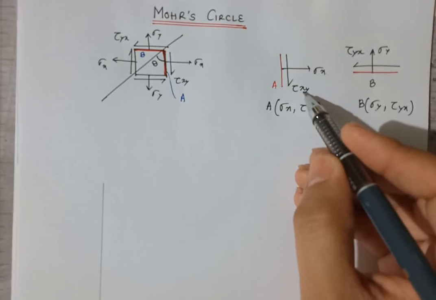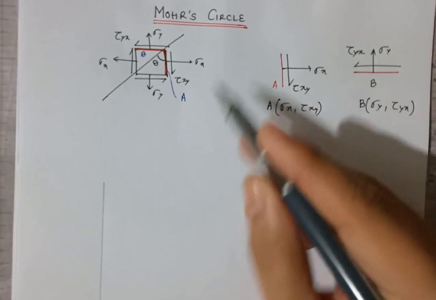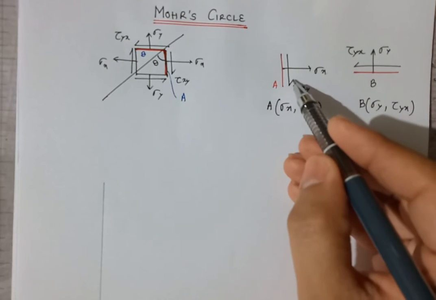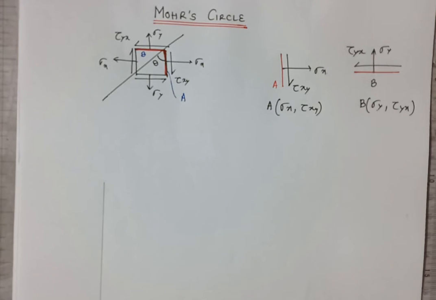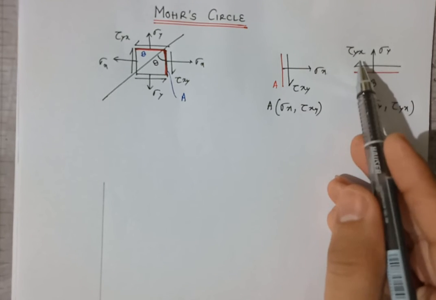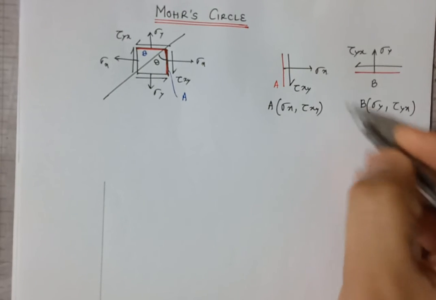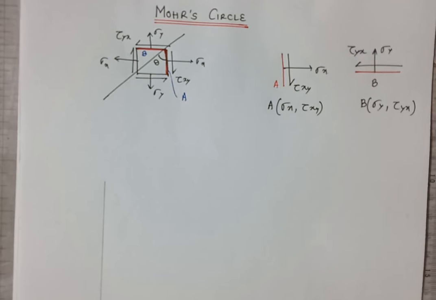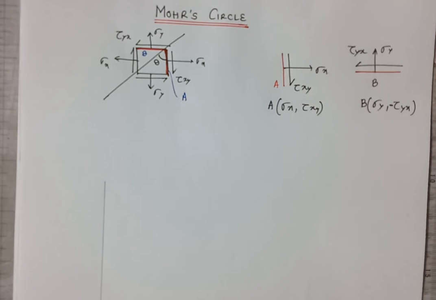Tau xy is making an anti-clockwise rotation, you can check this arrow, so it is positive. Whereas tau yx is making a clockwise movement, and whenever you have a clockwise movement, it is taken as negative, so minus tau yx. This is a prerequisite which you should know from the biaxial state of stress.